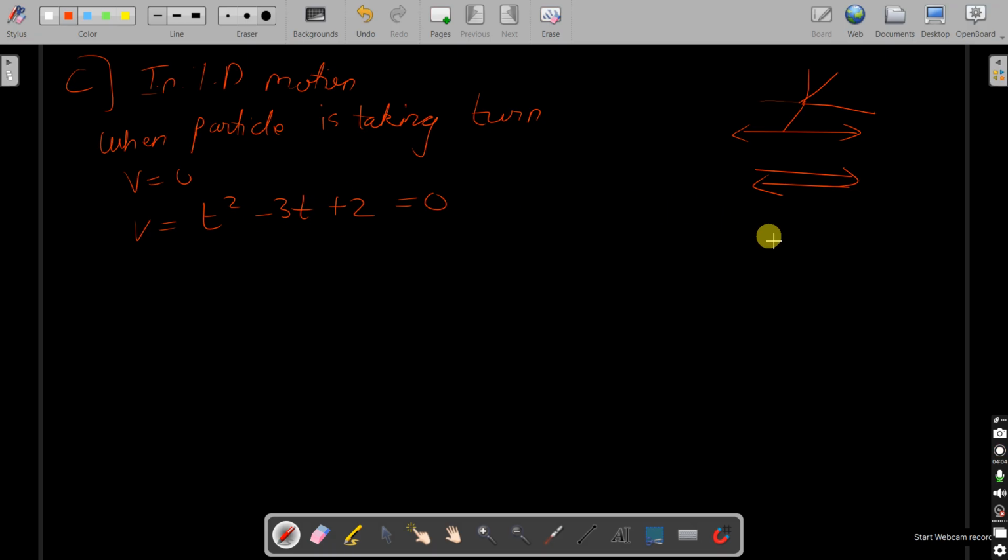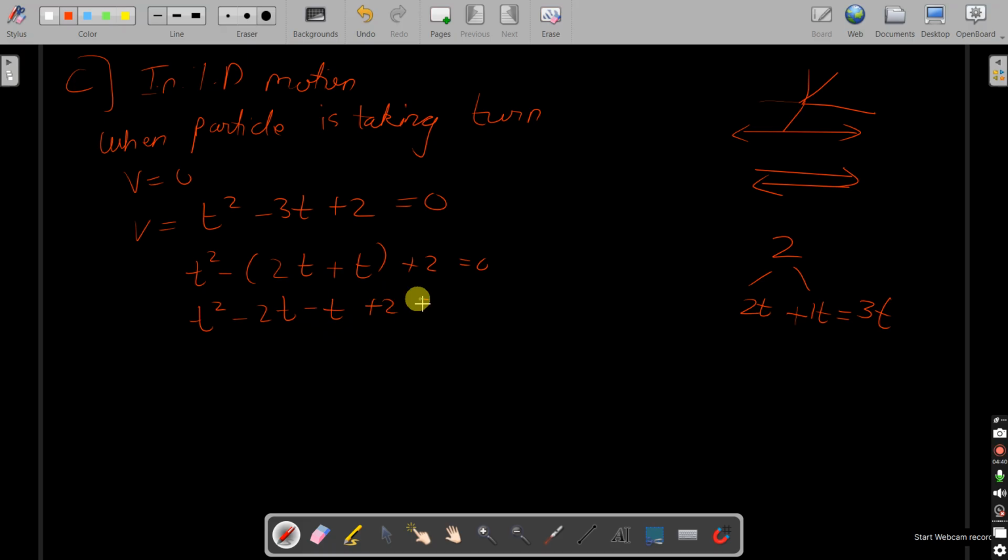We have to find two numbers which when added give 3 and when multiplied give 2. So t square minus 2t minus t plus 2 is equal to 0.